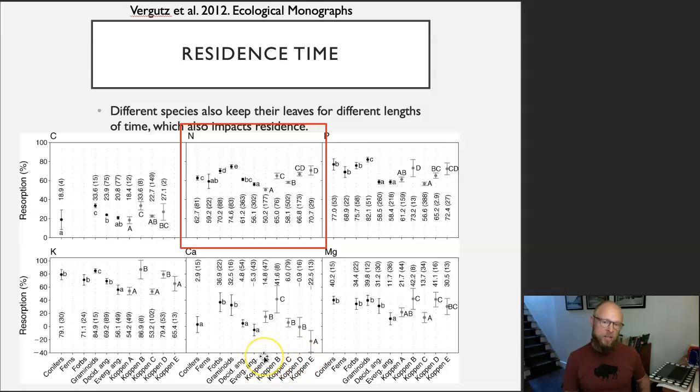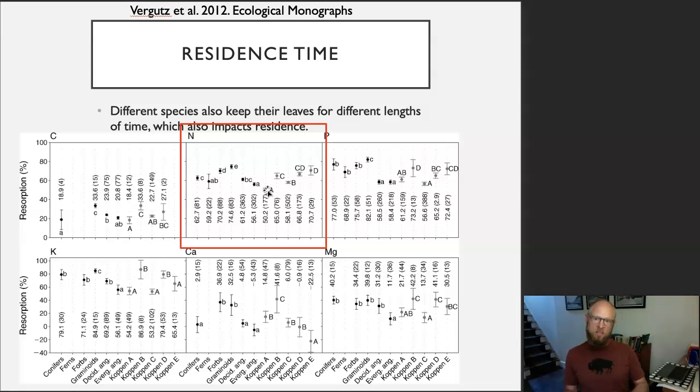So if you remember, A is tropical, B is arid, C is temperate, D is continental, and E is polar. So let's just compare A and C to start with. So tropics versus a temperate climate. The tropics has relatively low resorption efficiency, somewhere around 50%.